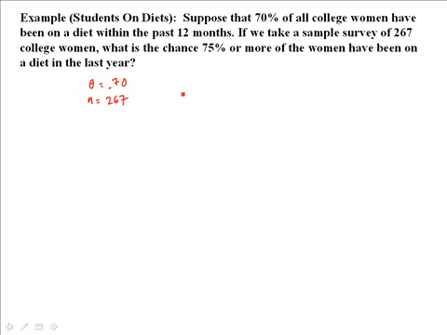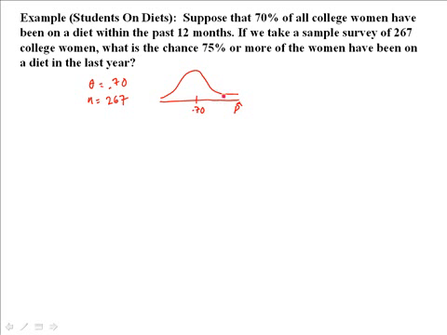Okay, so let's draw a picture here of the p-hat distribution, and we'll see what's going on. All right, so here's the p-hat distribution, and this is the distribution of sample proportions. And in the middle of this distribution has got to be the population proportion, 0.70. So that's our theta in the middle there.